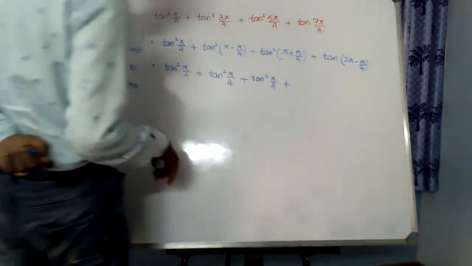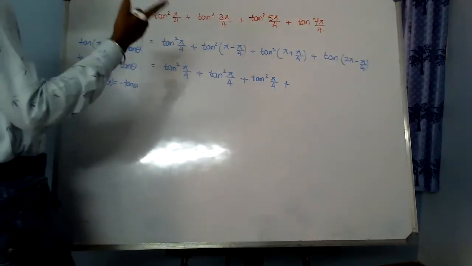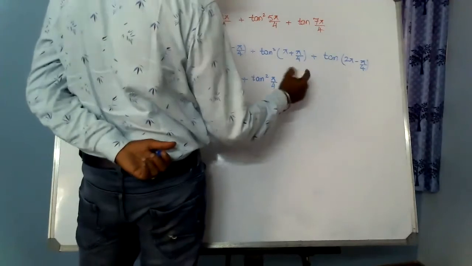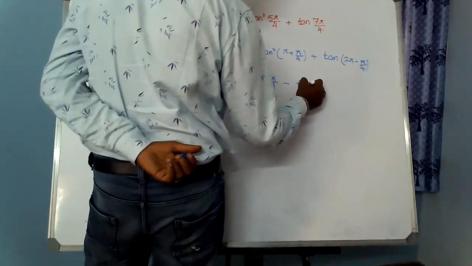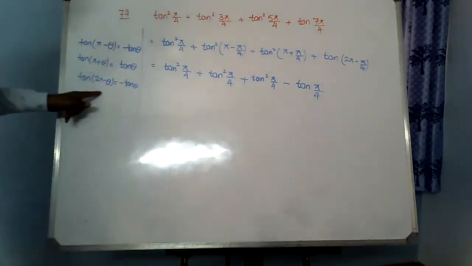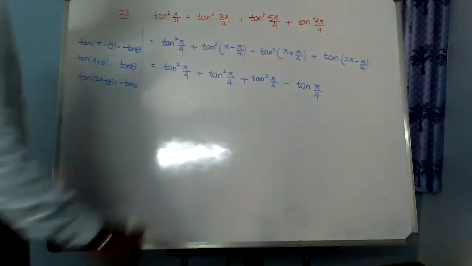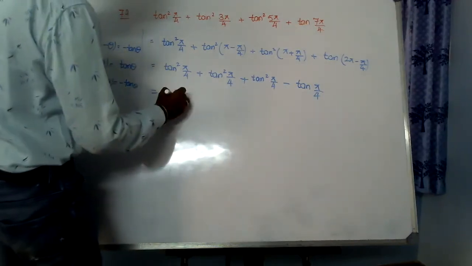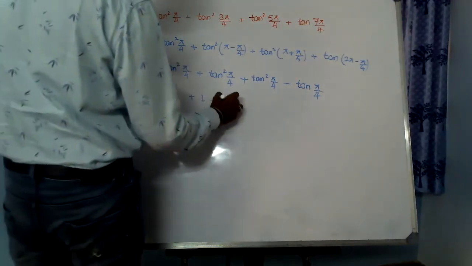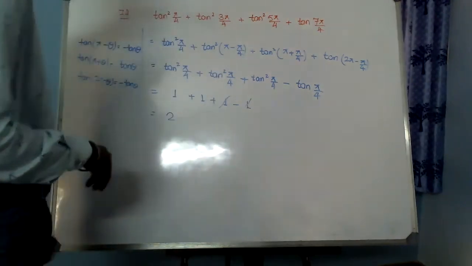Plus tan 2 pi minus pi by 4. 2 pi minus theta is minus tan theta, and there is no square also. It will become minus tan pi by 4, because 2 pi minus theta is minus tan theta. So tan pi by 4 is 1, so this will be 1 plus 1 plus 1 minus 1. I can cancel out. I'll get it as 2.